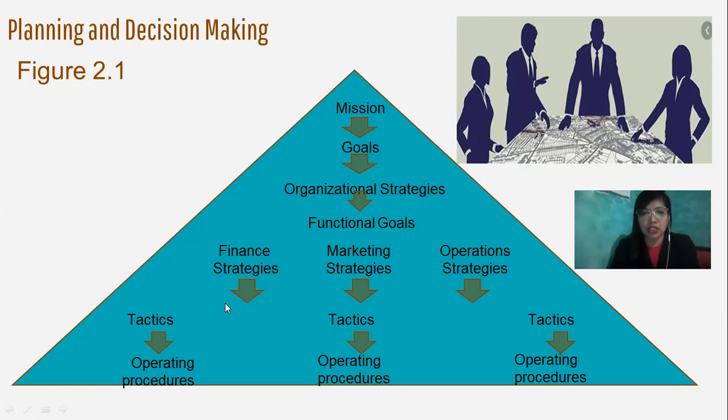We need to strategize on the finance department, the marketing, and then the operations. Then what are the tactics? The tactics on operating procedures of finance strategies, then tactics on the operating procedures of marketing, and then tactics on operating procedures of operations strategies.